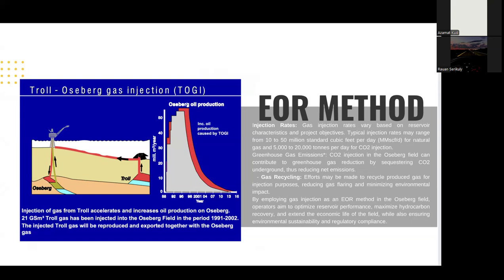Injection rates are typically from 10 to 50 million standard cubic feet per day, and natural gas 5,000 to 20,000 tons per day. Gas recycling efforts are made to recycle the produced gas for injection purposes to reduce gas flaring and minimize the environmental impact.